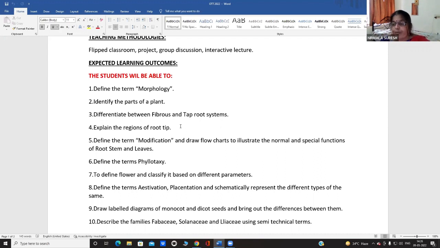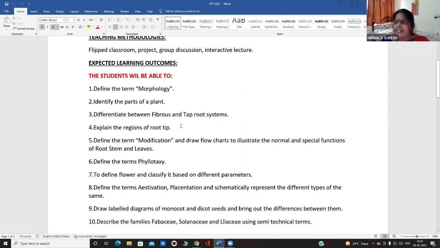It is from the region of maturation that the root hair arises. There is one diagram in the reader: draw a labeled diagram of the regions of the root. Children should be able to draw the diagram and understand that the root hairs arise from the region of maturation. They should also be able to say the root hairs help in increasing the surface area for absorption.